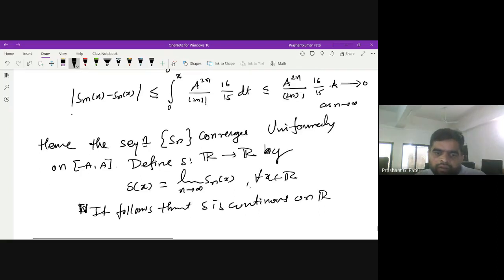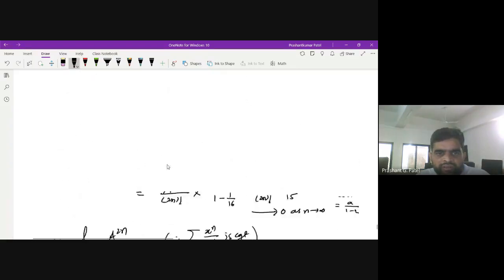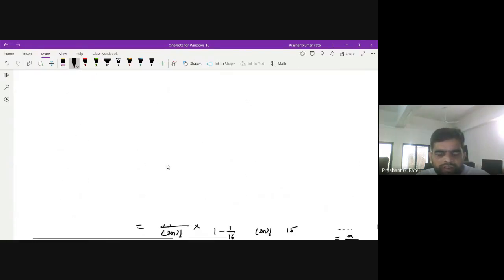And what is Sn of 0? As we have defined Sn, it is x minus x cube by 3 factorial plus x raised to 5 by 5 factorial and so on.